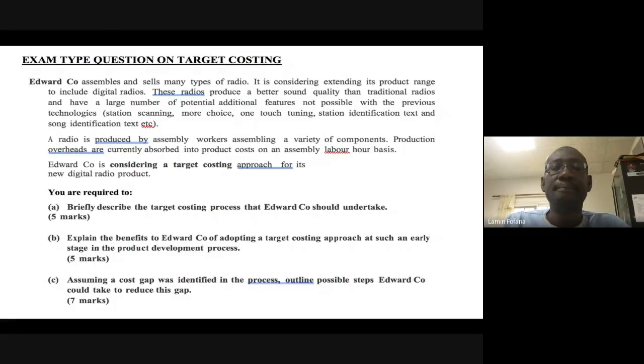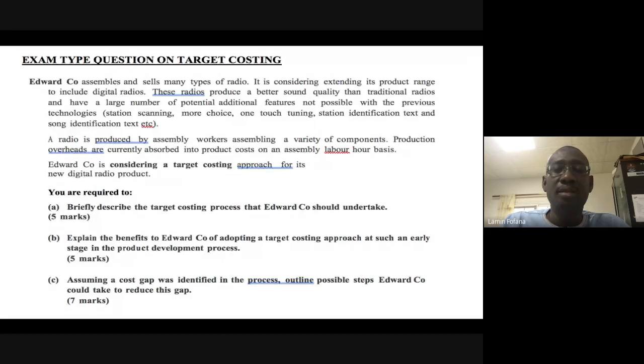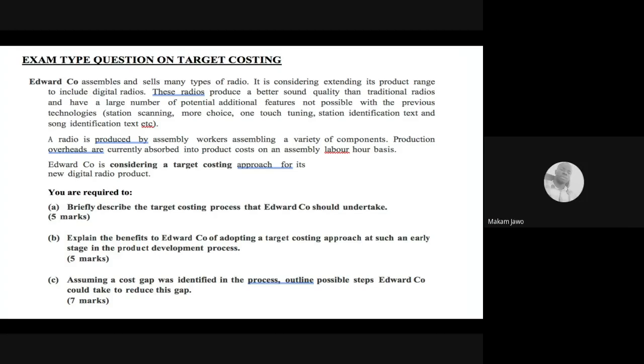Then you compare your target cost to your current unit cost using either absorption costing or ABC methods.